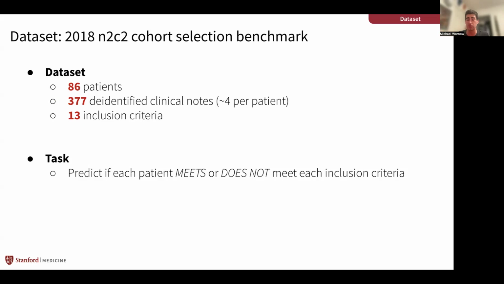And the task is to basically predict whether each patient meets or does not meet each of those inclusion criteria. So this is not a real trial. It is a synthetic example. The patients, the notes are real. But the point of this was to create some sort of public benchmark so that it would be easy to compare models and see which approach is best. And if you're interested, you can also download this data set as well.